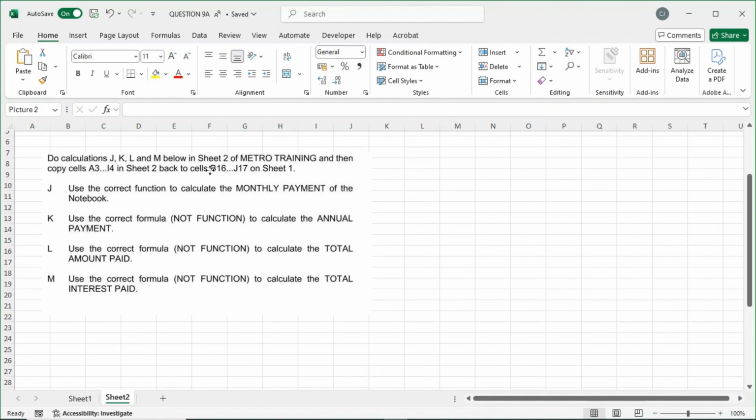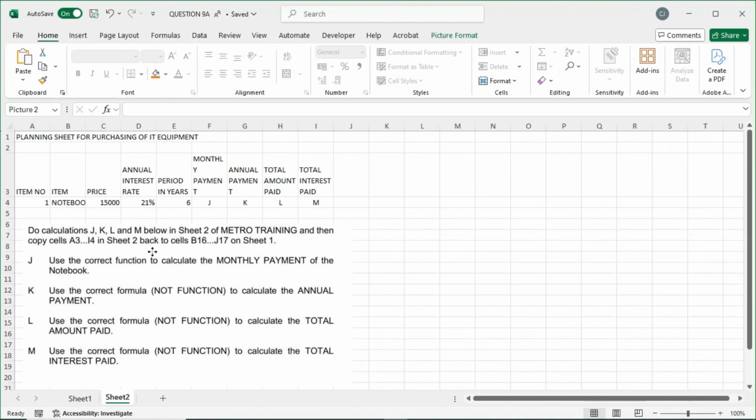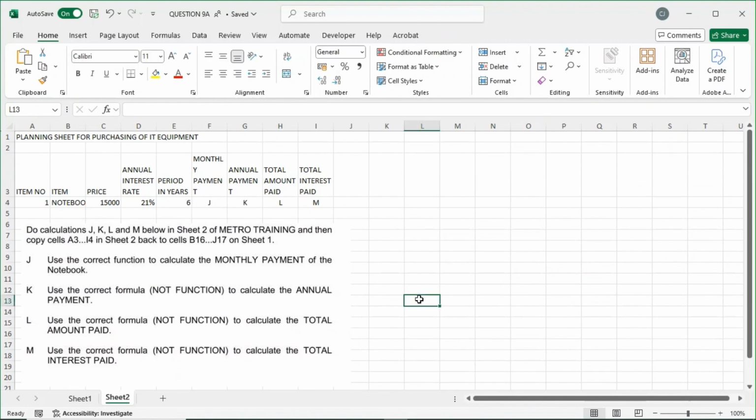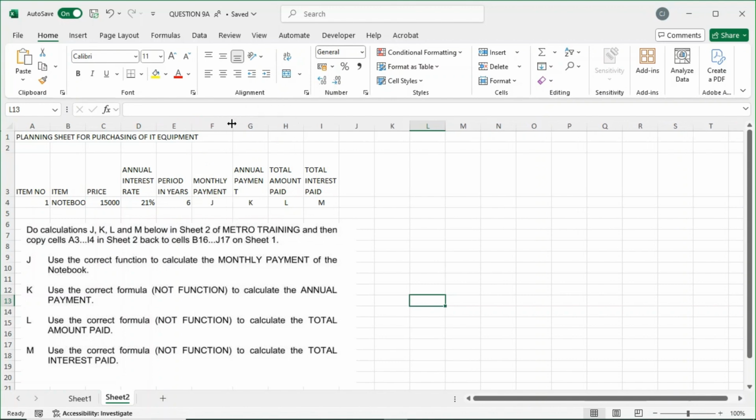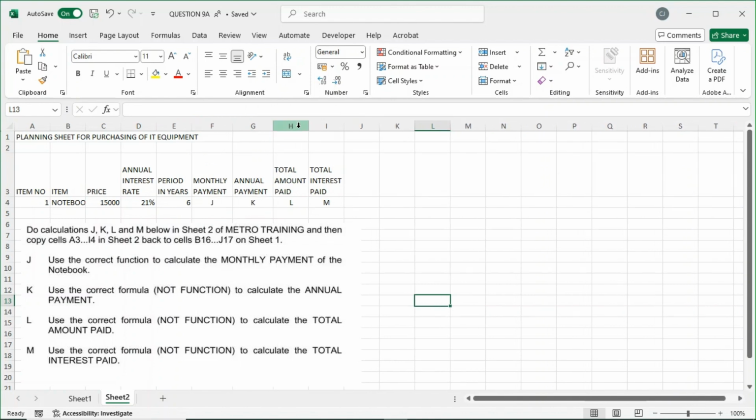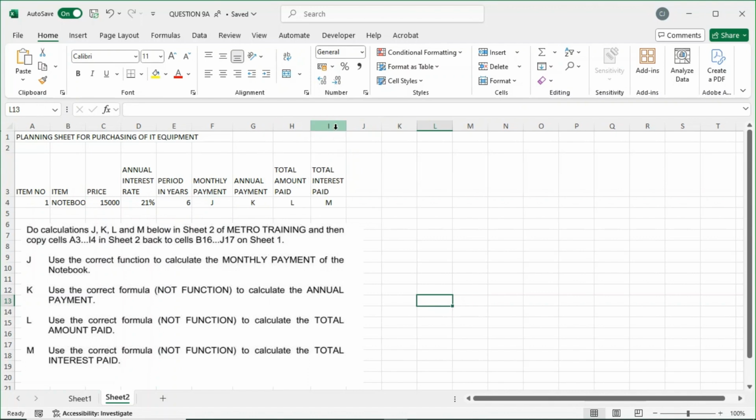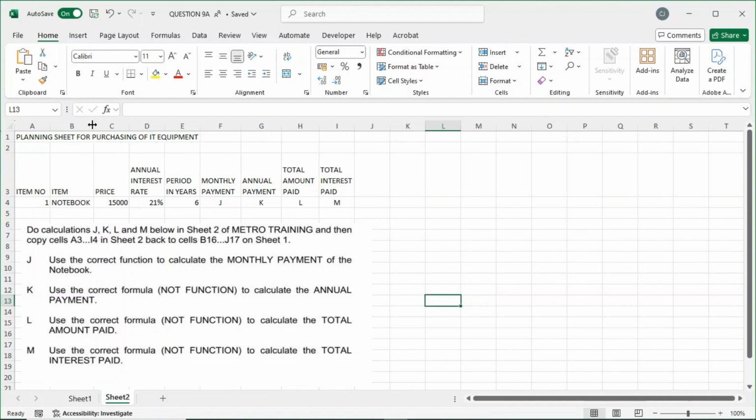Okay, we have the information, so now we can start. They say do the following questions in C2 of Metro Training.